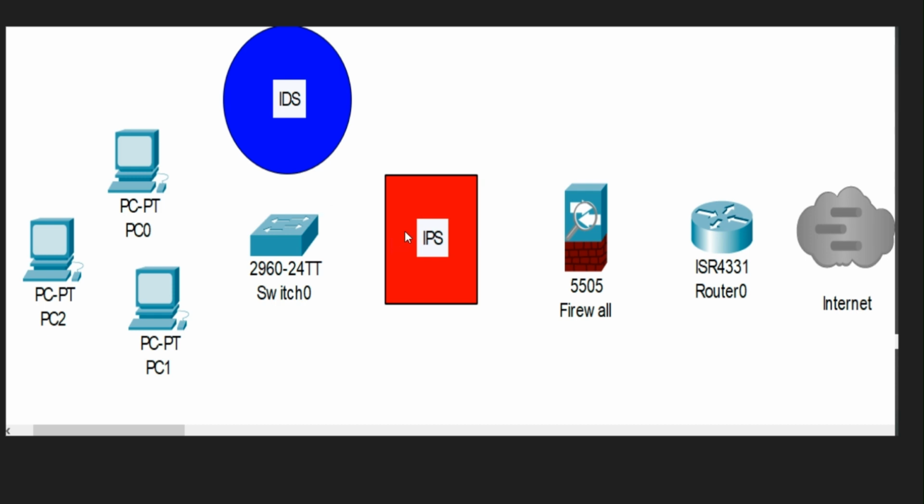We have differences between an IPS and a firewall because a stateless firewall, or depending on the type of firewall, is working on different levels of the OSI model, where an IPS could be working on other layers of the OSI model. This firewall, if it was considered stateless, would be working on layers 3 and 4. This IPS, depending on how it's configured, can be working on 5 and 6 or 5, 6, and 7.